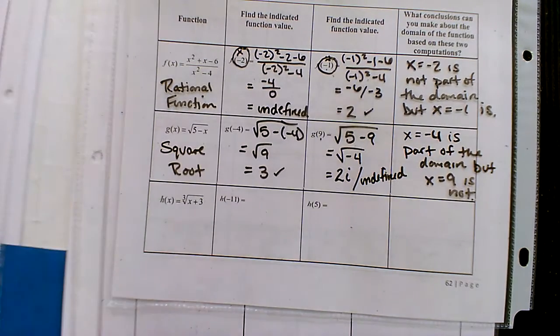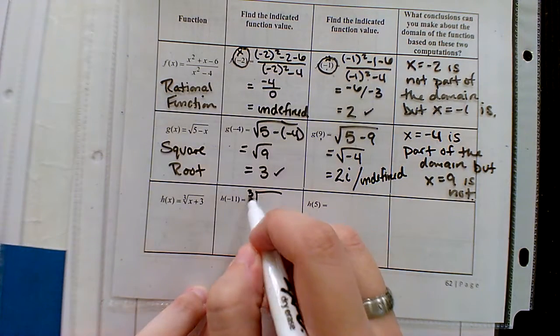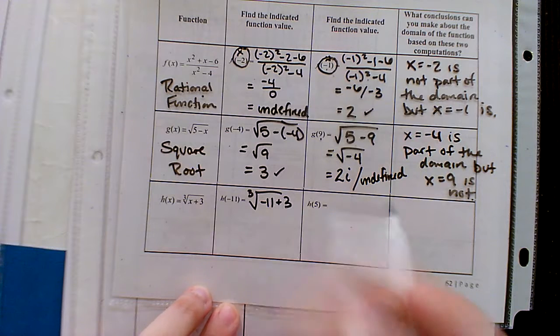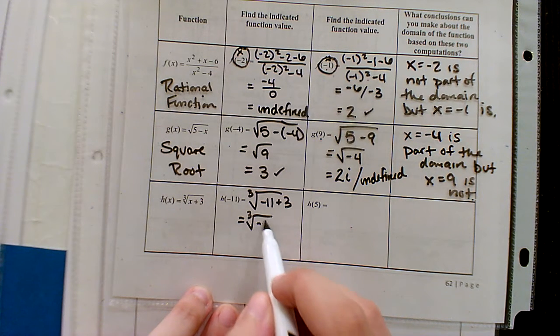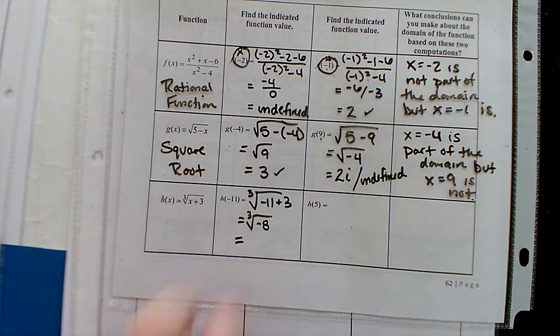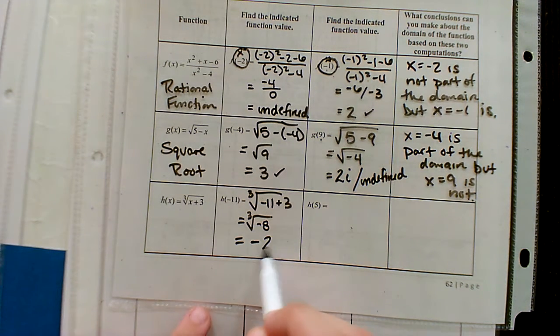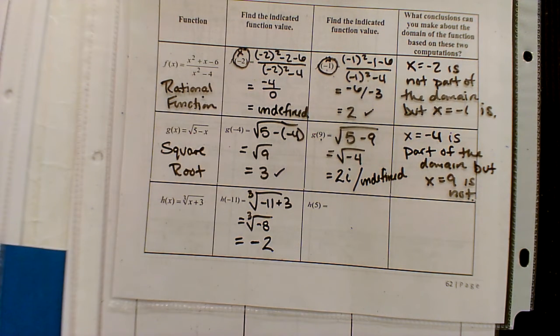All right, let's go ahead and check out the last one. If we were to plug in -11, we would have the cubed root of -8. What number times itself 3 times would give you -8? -2, right? -2 times -2 times -2 would give you that -8.